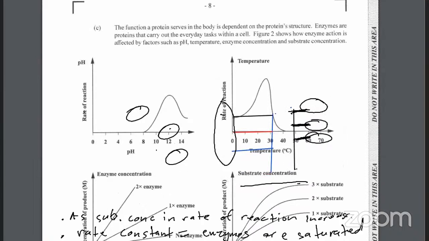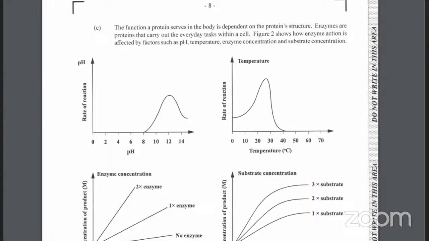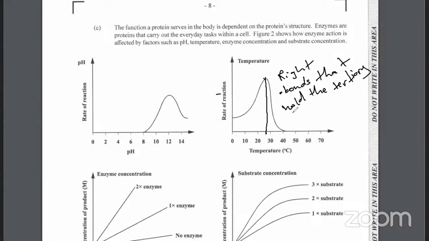That is with pH and temperature. So again, without going into much detail, right? Notice this one says rate of reaction, these two. So remember, at the optimum temperature, to the right of it, bonds break, all right? Just remember, bonds that hold the tertiary structure together break, right?